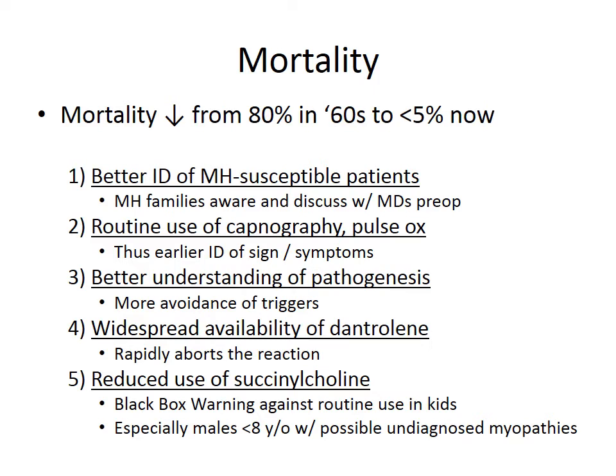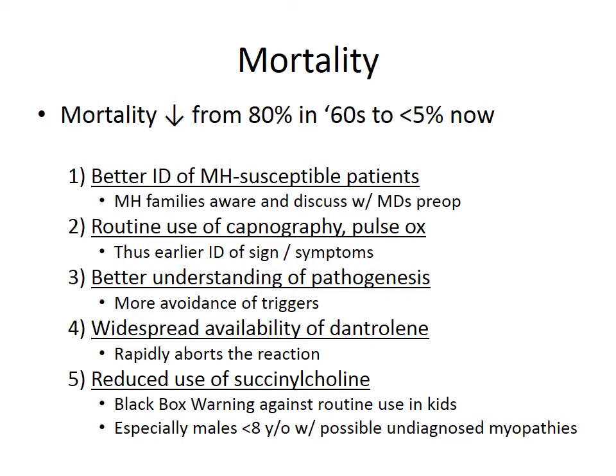Okay, on to mortality. It's interesting to note that mortality in patients with MH has decreased from 80% in the 1960s, which is quite high, to less than 5% now. So this slide discusses the 5 reasons why this has occurred, which is rather dramatic.